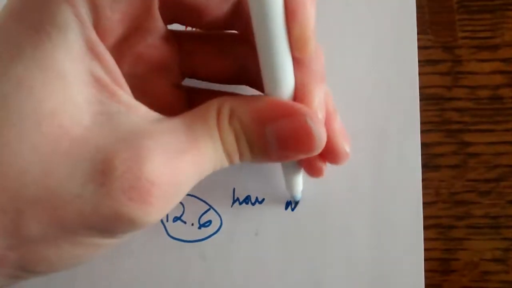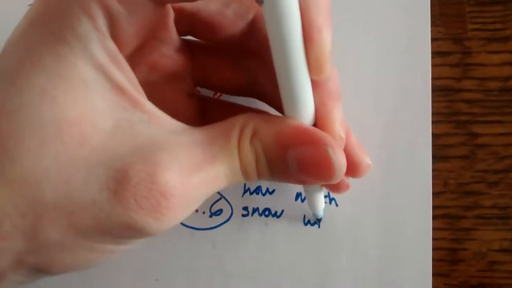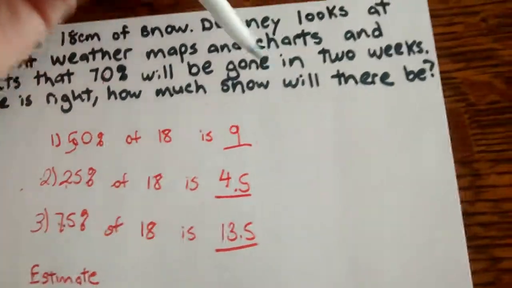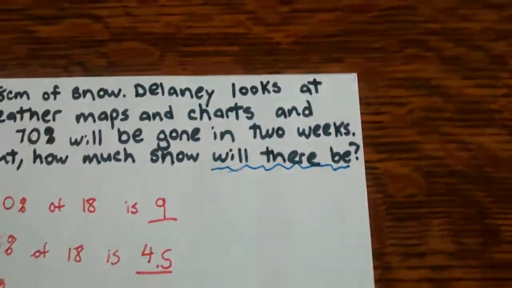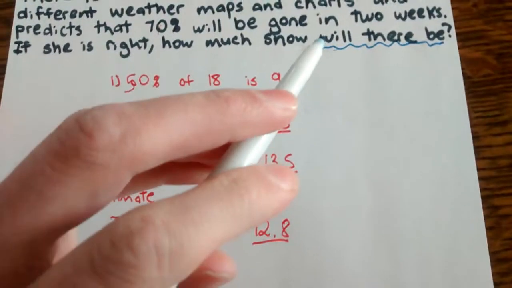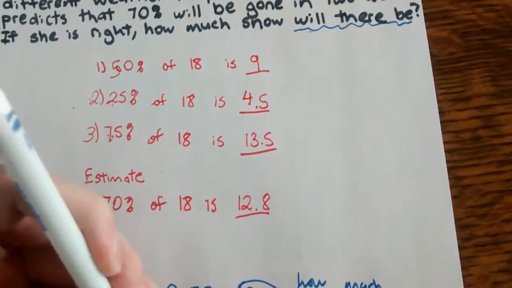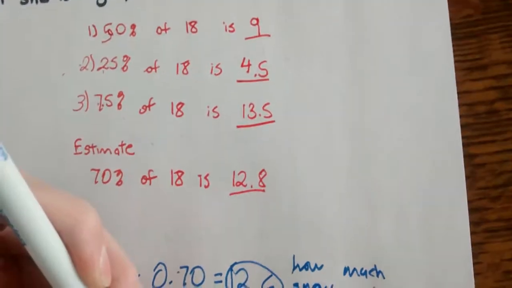How much snow will melt. But if you look at the question, it says, how much snow will there be? So to get that value, I'm going to have to look at the total amount of snow that there was, 18, and minus how much of it will melt.